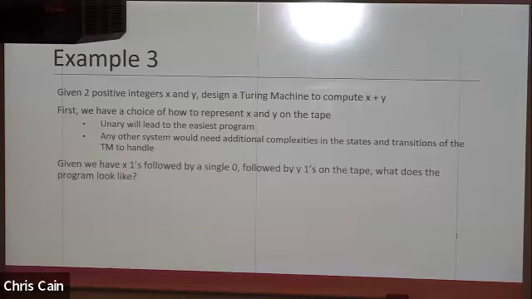Here I say that the separator character is a 0, but you can imagine it being a plus, or really any other separator character you want. But yeah, 2 unary numbers. And the goal is that when the program terminates, what's on the tape is a unary number that is the answer and nothing else.